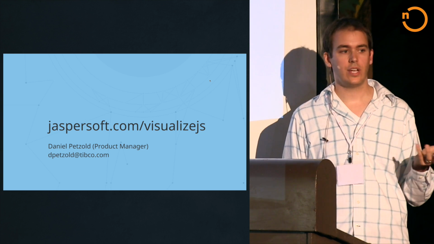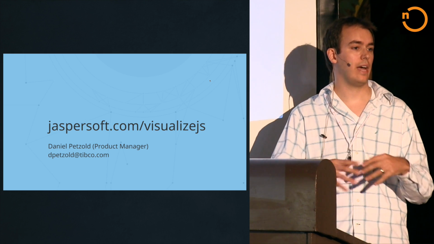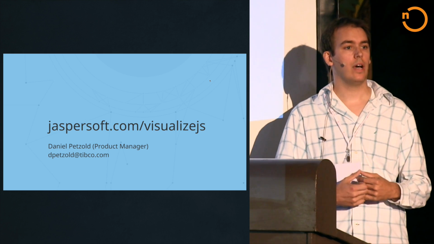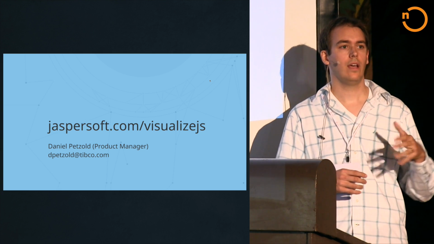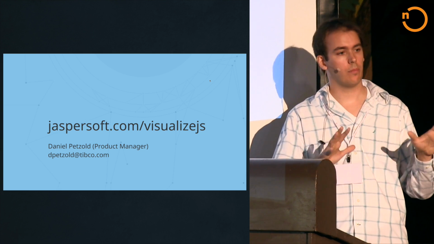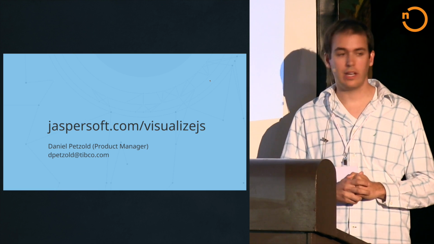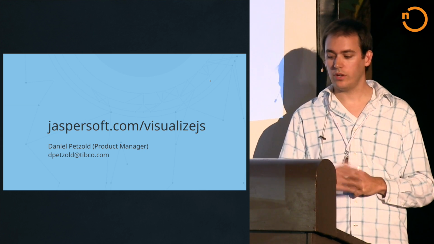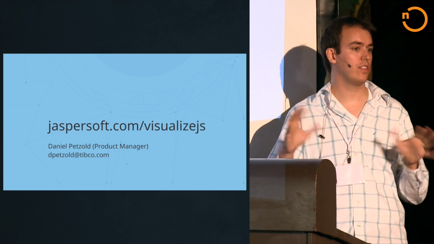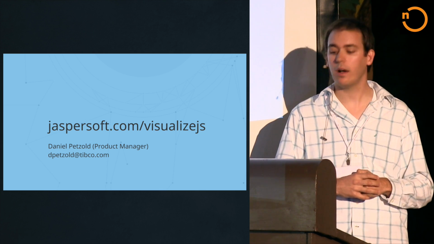Visualize.js is not open source in the sense that you could just start using it without the actual Jasper report server, but certain versions of Jasper reporting are open source. Our community has grown strong because we've been doing this for so long. When you go there, you'll be transported to the community site, and you'll be able to see a lot of what we're doing, and we're actually enhancing that a lot right now.